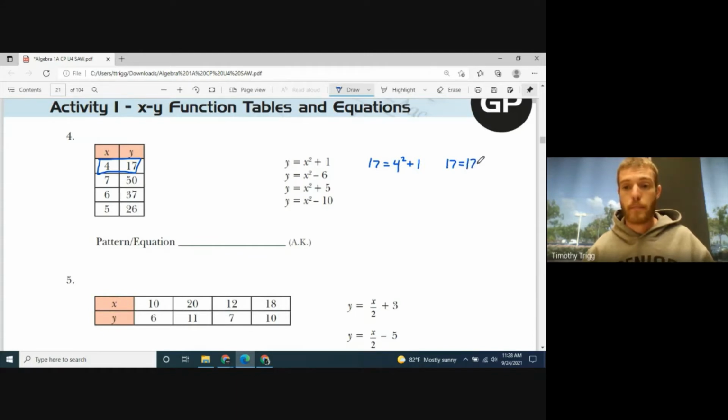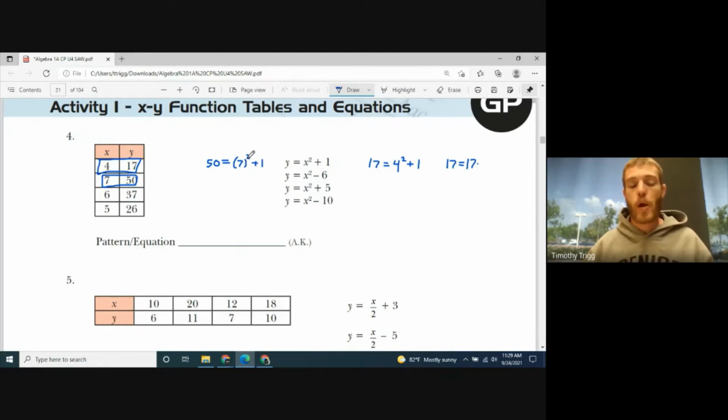That's good. But remember, we always have to check multiple points. You have to check more than one point. Okay, so let's go ahead and check the second point here, 7 comma 50. So I'm going to replace the y with 50 and replace the x with 7. So this will be 7 squared plus 1.